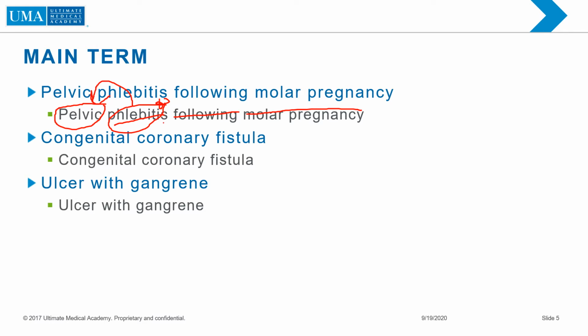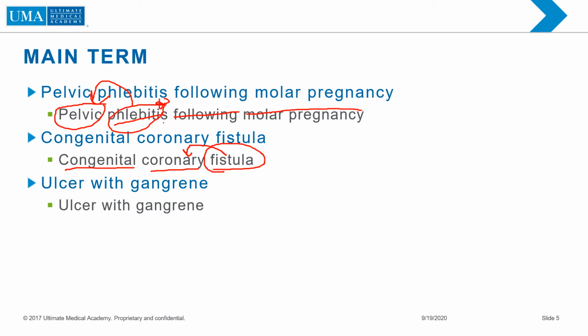Now, let's move on to the next one, which is congenital coronary fistula. Once again, here's our descriptive term, congenital. Coronary is the location, so where we want to look in the alphabetic index would be under fistula. From there, we would review the subterm coronary.